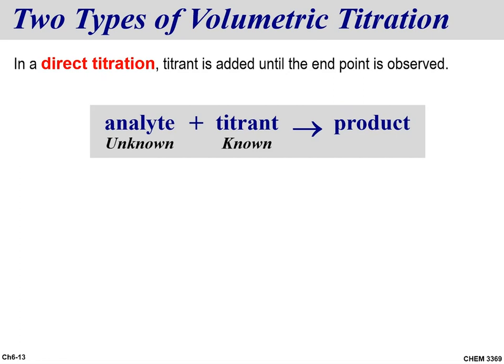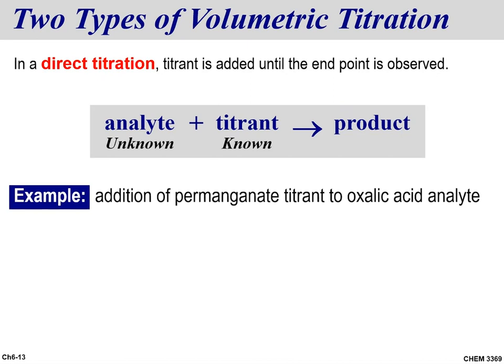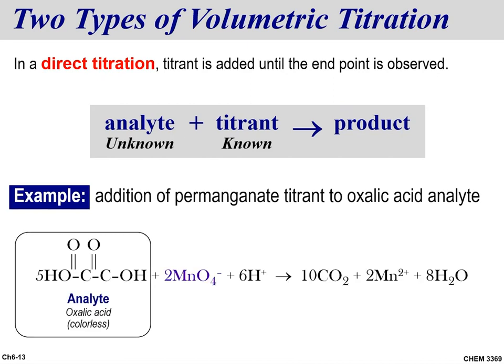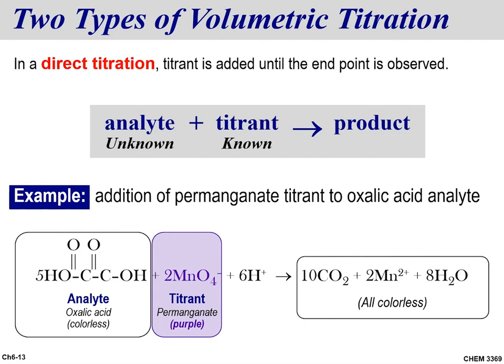So in a direct titration, the titrant is added until we reach the endpoint. Okay, so analyte plus titrant will give us some products. An example, we can use the last one we saw, was the addition of permanganate to oxalic acid.